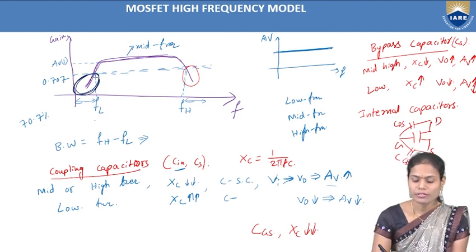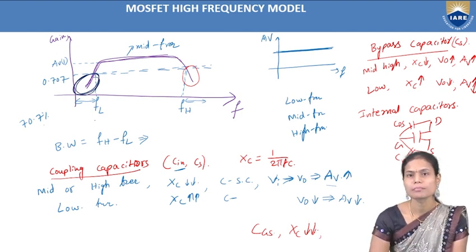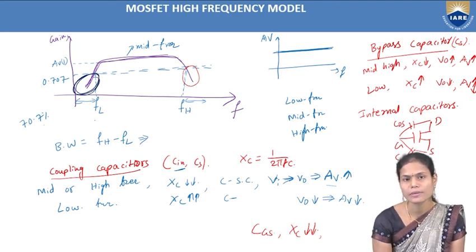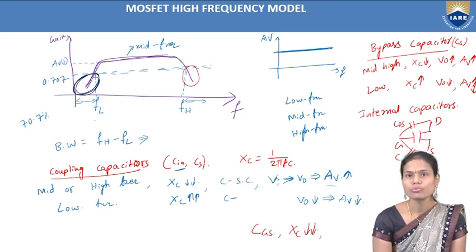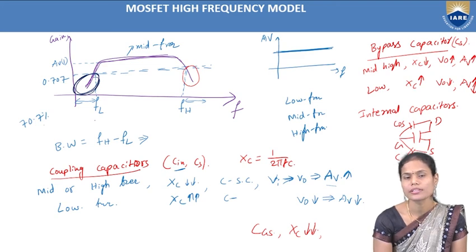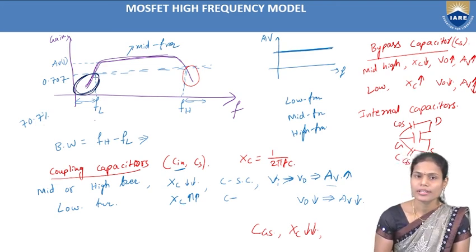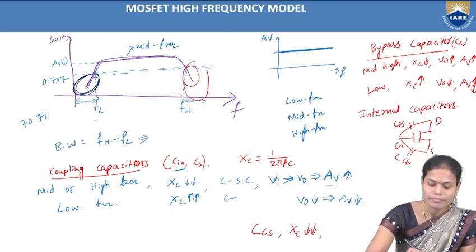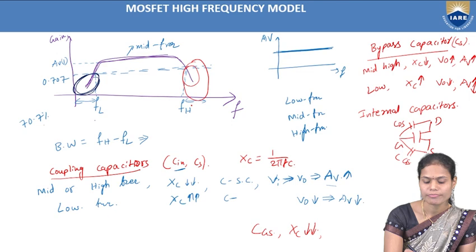This internal capacitance depends upon the silicon dioxide layer which is present across the gate terminal. So this capacitance value will decrease the overall gain of the circuit because of the high resistance present in the silicon dioxide layer across the gate terminal. And at high frequency range, gain is reducing here.